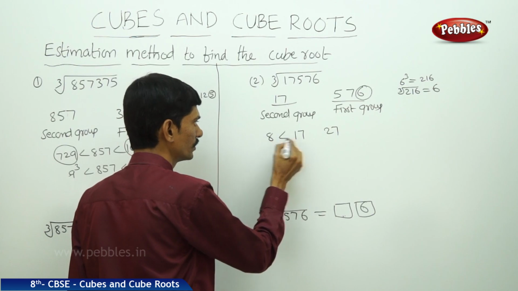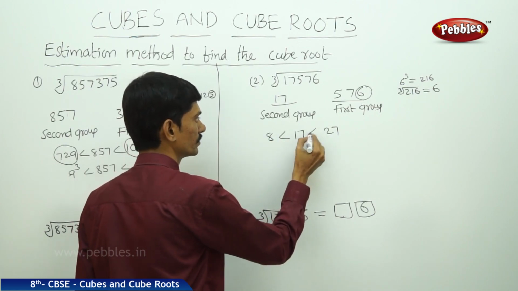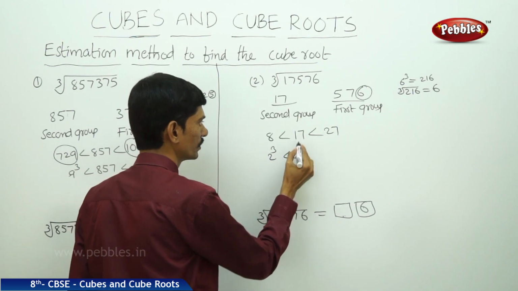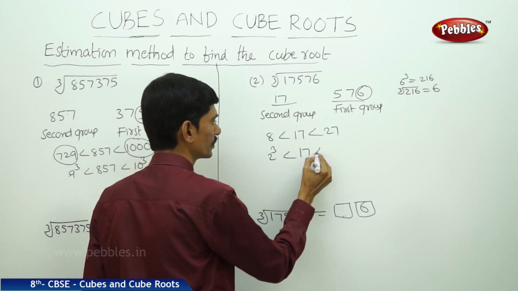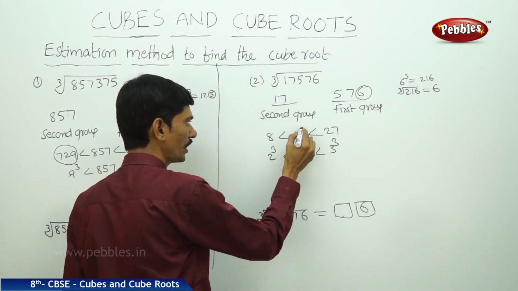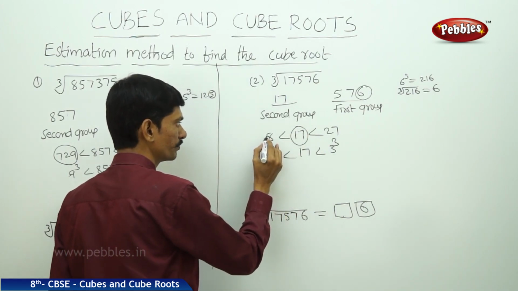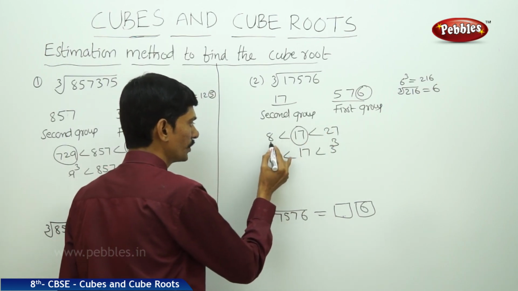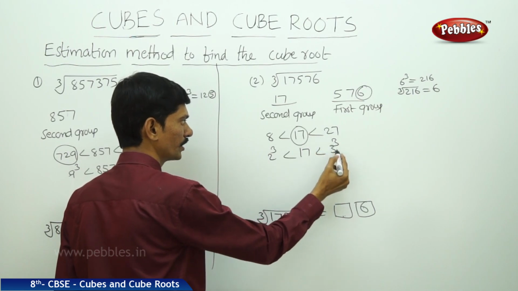So 8 is less than 17, which is less than 27. 8 can be written as 2 cubed, and 27 can be written as 3 cubed.